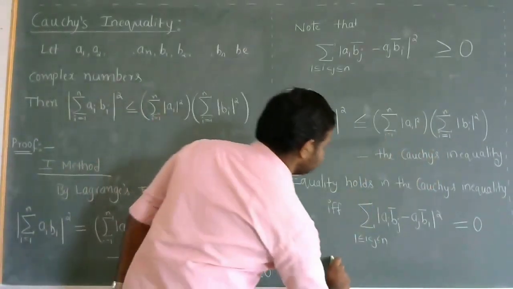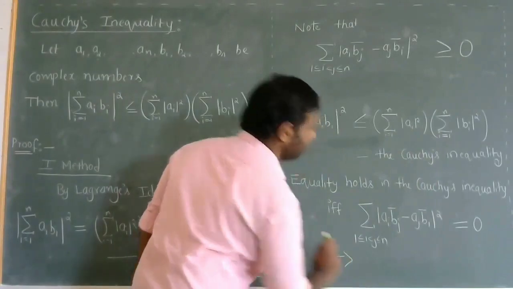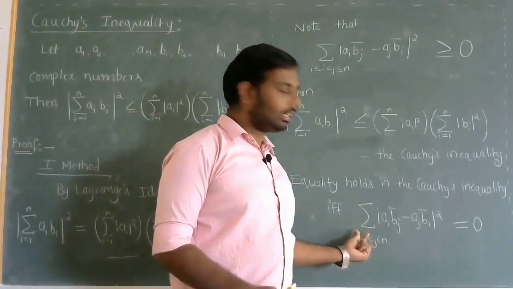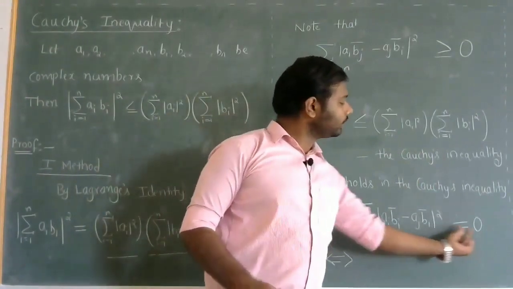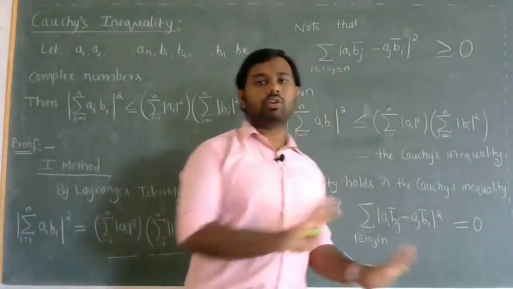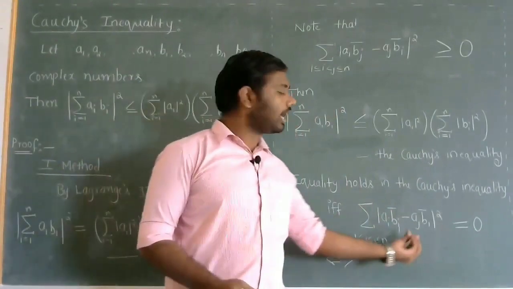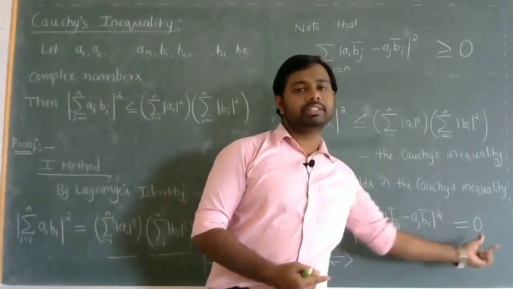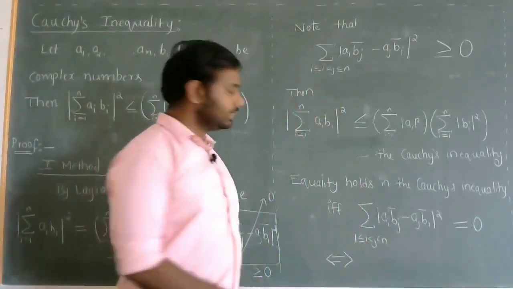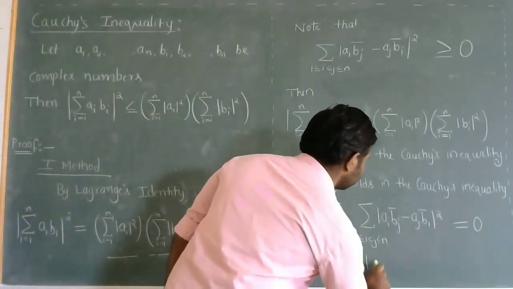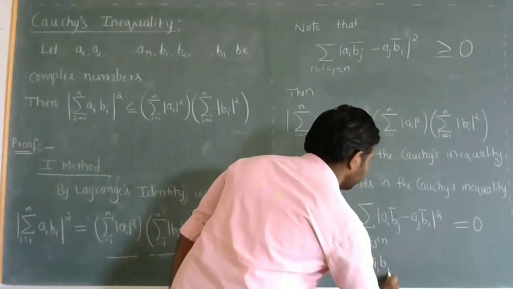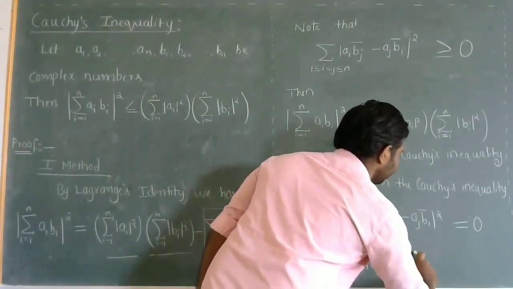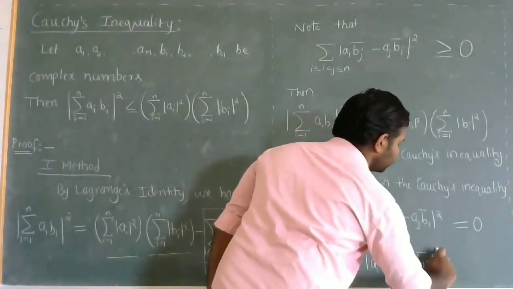Now this sum is 0 if and only if... You are seeing that the sum of non-negative terms is 0, so there are no negative terms at all. Terms are either 0 or positive. So the sum of such terms is 0 means every term has to be 0. Which implies that modulus of ai bj bar minus aj bi bar modulus whole square is 0.